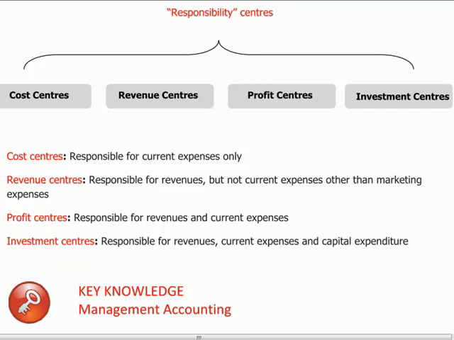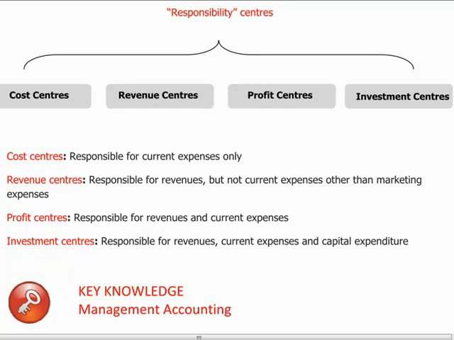If we look at profit centers, here it becomes a bit more sophisticated because now we're combining both revenues and cost centers. A profit center becomes an area or unit of responsibility within a company, where the manager in charge will be running the unit with a view to generating revenues, but at the same time keeping an eye on current expenses, because he or she wants to maximize the difference between the two, i.e. to generate a profit.